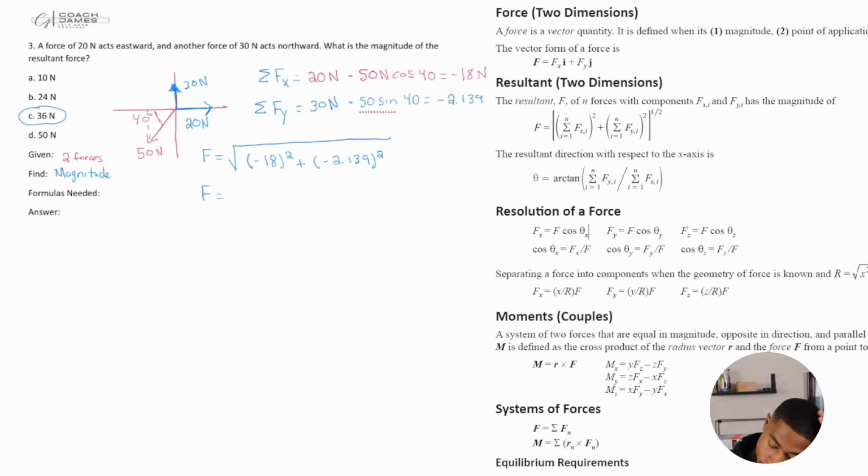It is okay for the sum of the forces in the x or the y to be a negative number, because once you square any negative number, it's always going to change it to a positive. Remember, you can't put a negative value underneath the square root. If you try that, it should give you a domain error or something. But for your sum of the forces, it is okay for it to be negative.